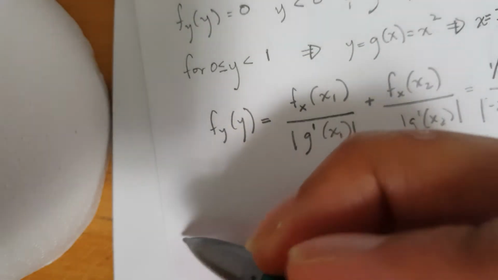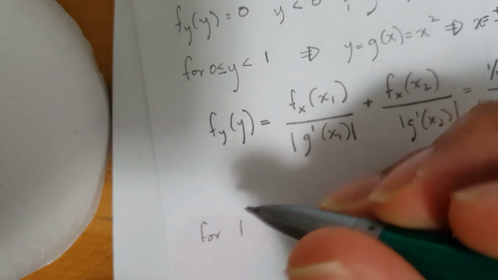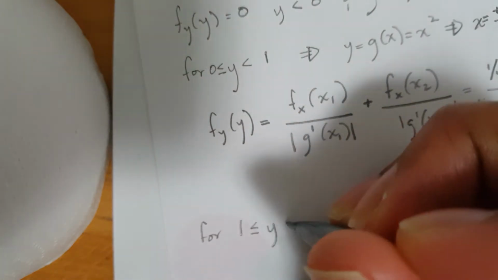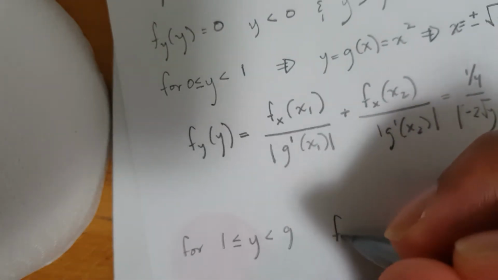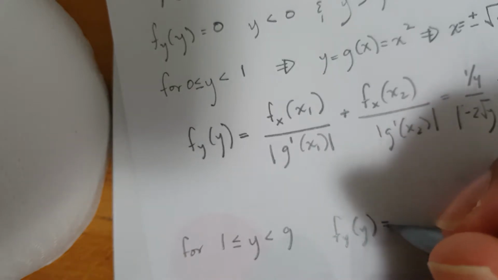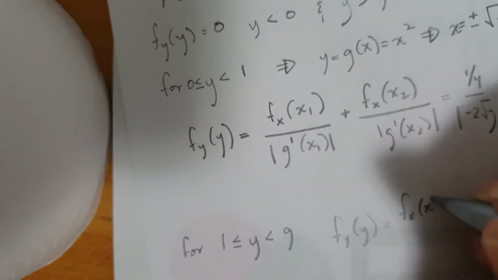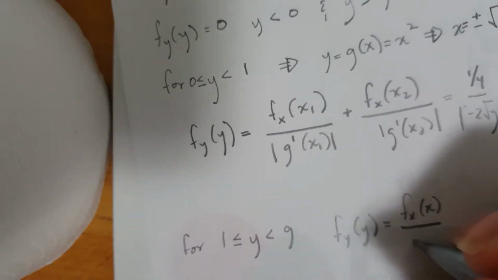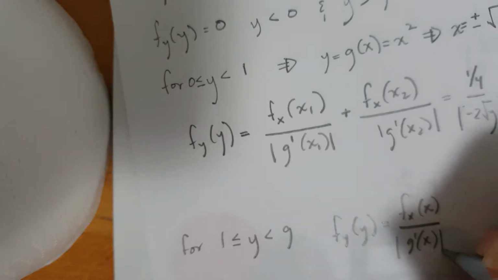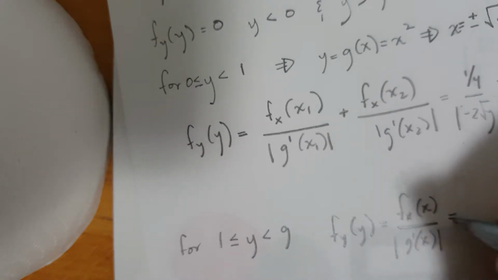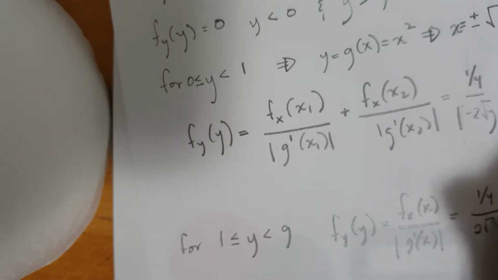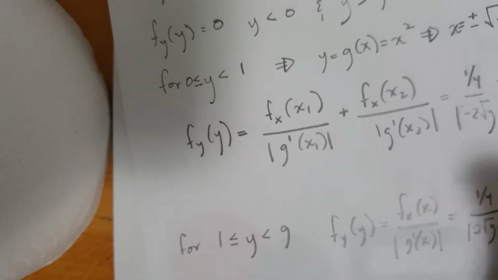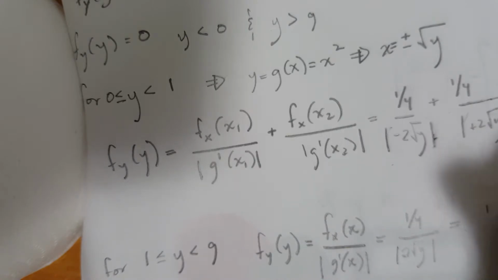And then we move on to y between 1 and 9. We have one root, so f of y equals f of x over 2 square root of y, which equals 1/8 square root of y.